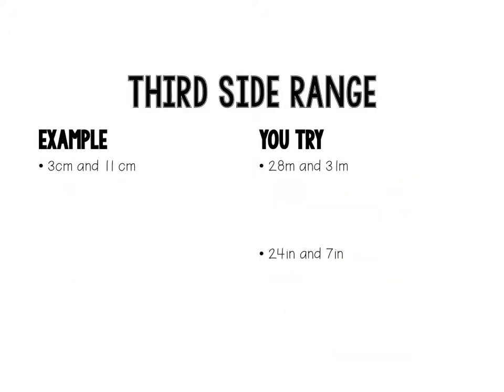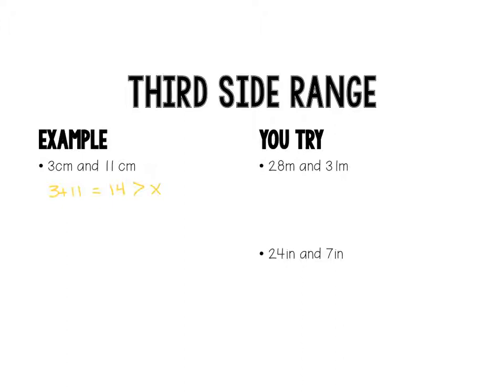The next thing we're going to talk about is the third side range. So we're going to figure out a range of numbers that the third side could be. So let's look at an example. The first thing we're going to consider is that 3 and 11 could be the smallest two sides. So 3 plus 11 is 14. So then the third side would have to be less than 14.